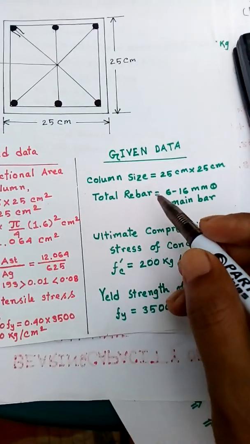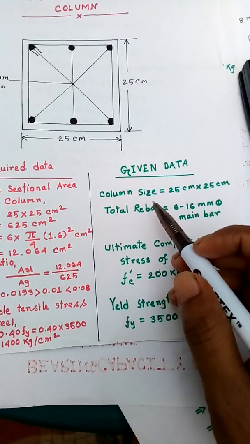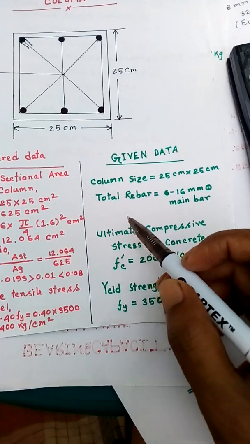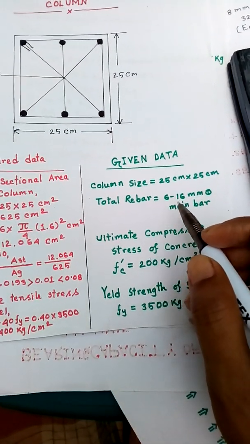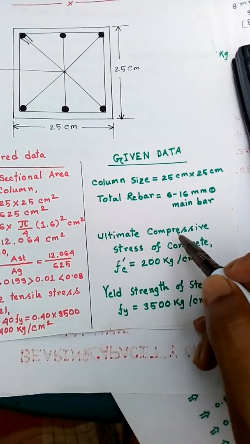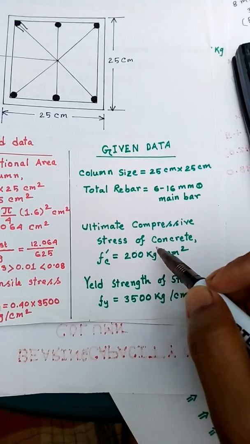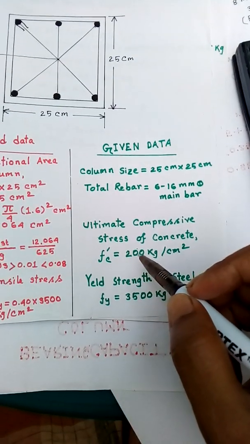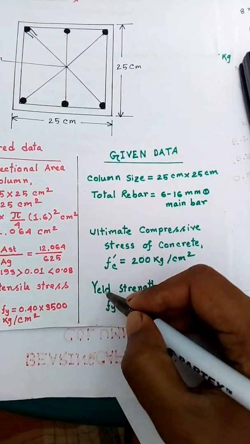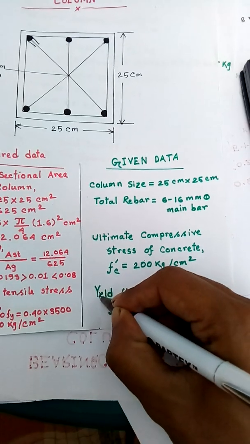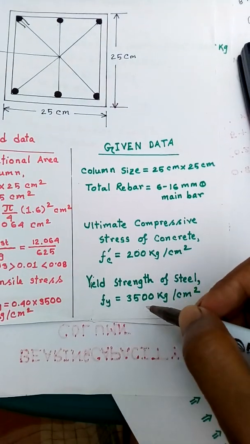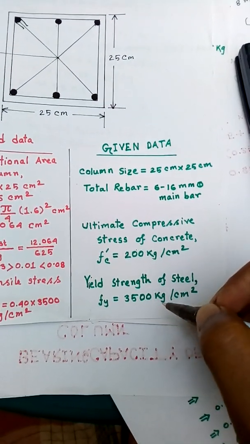Given data: column size 25 centimeter by 25 centimeter, total rebar 6 pieces of 16 mm diameter main bar, ultimate compressive stress of concrete F'c equal to 200 kg per square centimeter, and yield strength of steel Fy equal to 3500 kg per square centimeter.